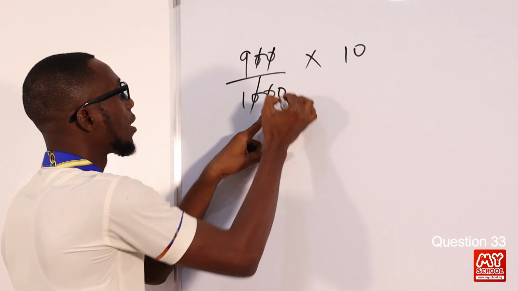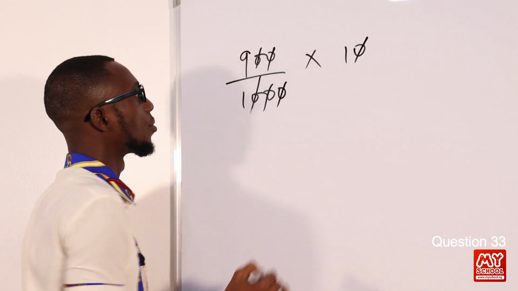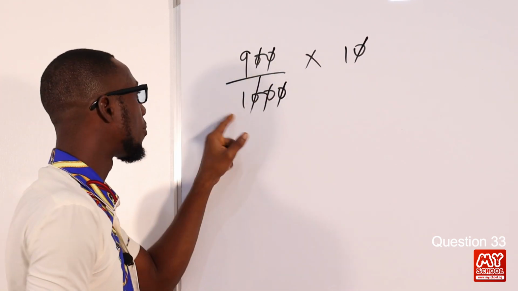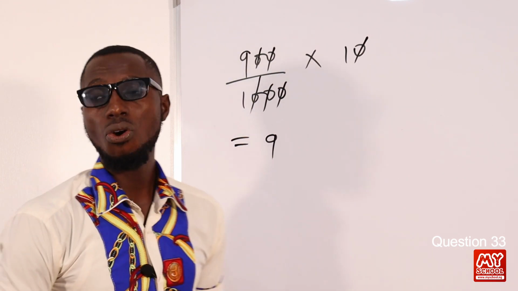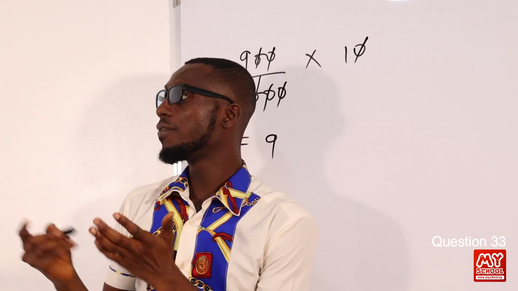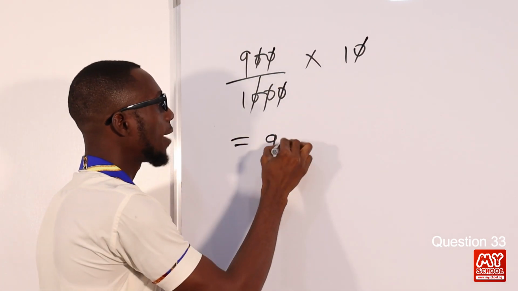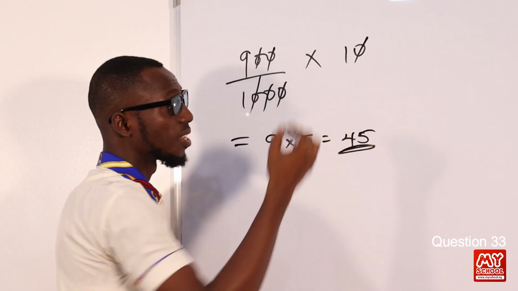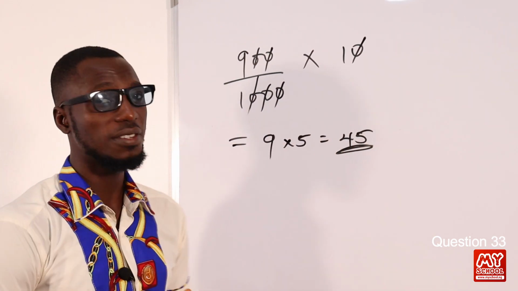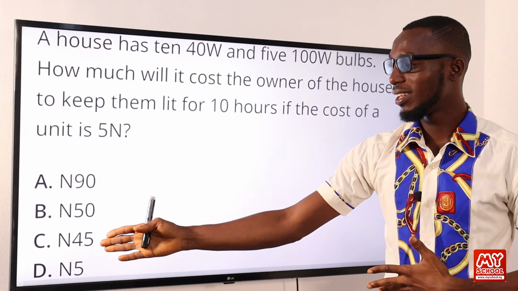So 9 times 1 is 9, divided by 1, we have 9. Now the cost of a unit is 5 naira, so that will be 9 times 5, and that makes 45. So this is the cost we are looking at. We can find 45 in option C, so option C is the correct option.